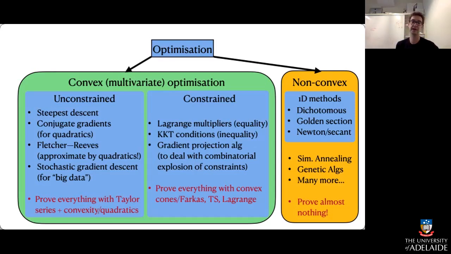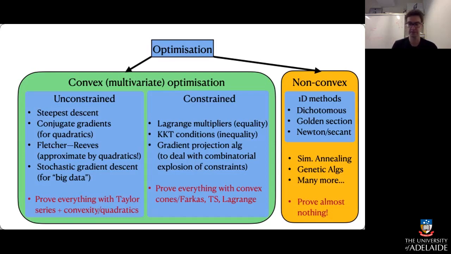Everything in this part of the course, we essentially proved by using this idea of convex cones, and the idea that at the minimizer, the gradient has to point into the convex cone, otherwise there can't be a minimizer. We derived our gradient projection algorithm based on that. Again, we just used Taylor series, the definition of convex functions, and Lagrange multipliers. And that's it. That's the course.